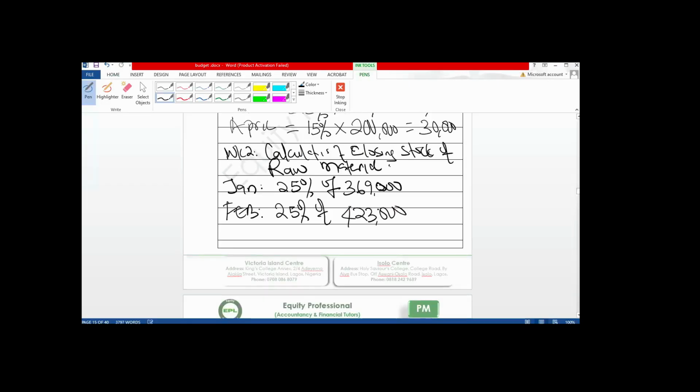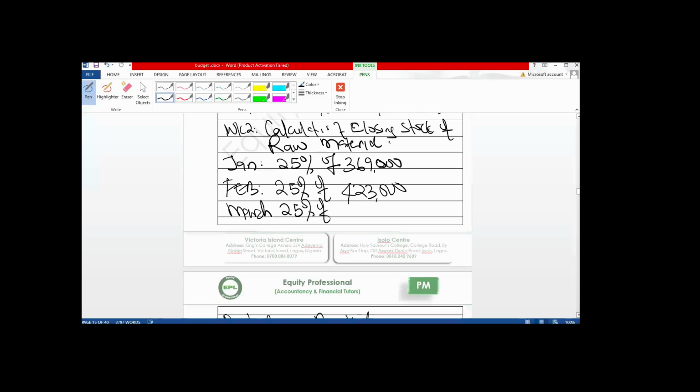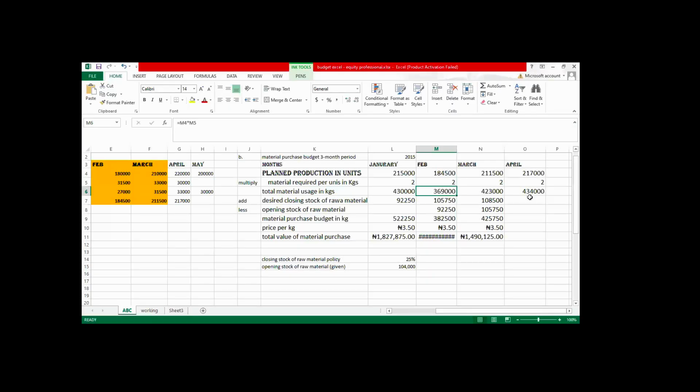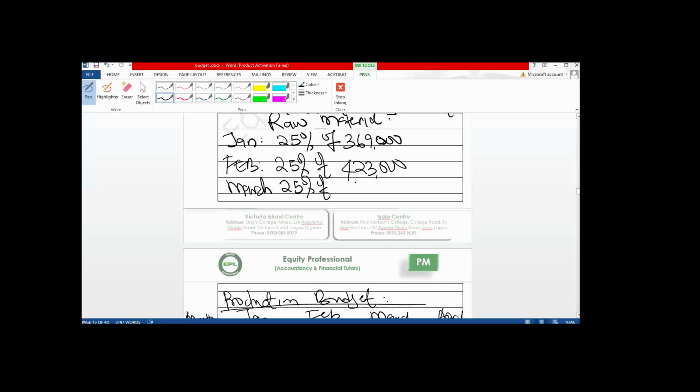Please compute. For March, 25% of following month's production usage. The following month after March, April, is 434,000. Please compute manually.